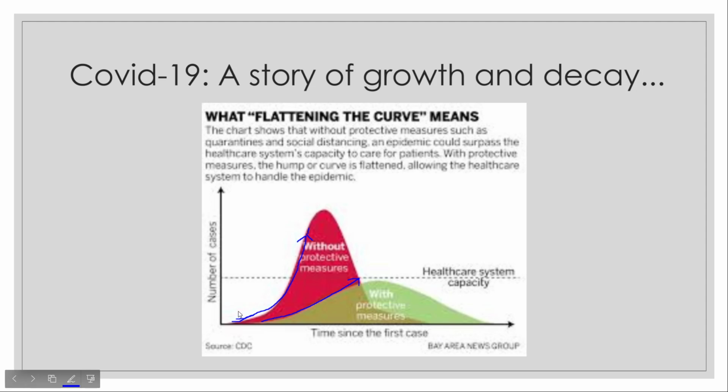The only difference is this red curve has a much higher growth factor, or just a higher one. I don't even know if it's that much higher. It's exponential growth, so every little bit matters a lot. Now, over here with our flatter curve, you see the growth factor's less. So this is the growth.